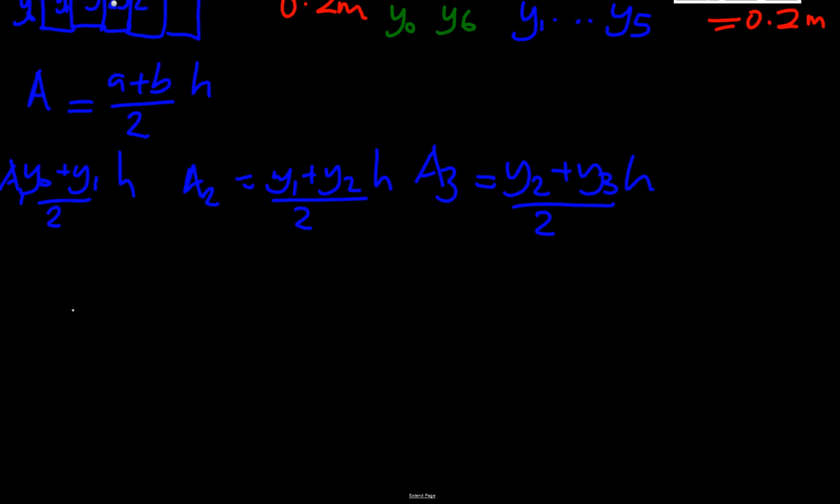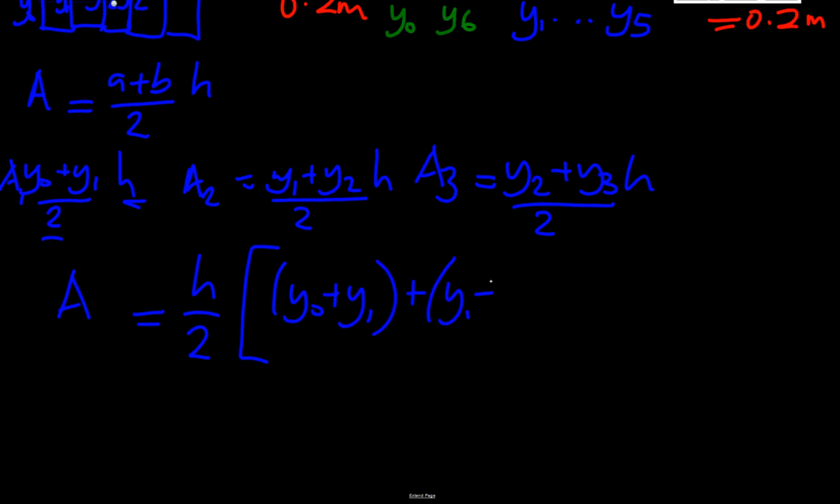So you can see these middle values double up. So it'll be y2 plus y3, dot, dot, dot. And if we get to the end, we come back to only having, in our case, y6, but we're only going to have one y6, while we'd have two y5s. So that's why we end up with this h over 2.